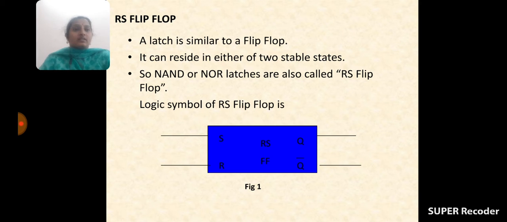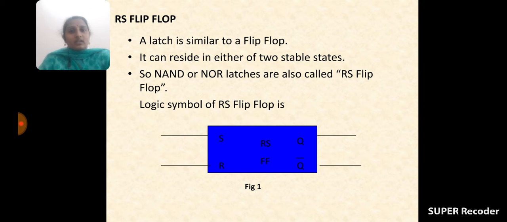In sequential logic circuits, the circuits are designed with flip-flops. In combinational logic circuits, the basic building blocks are logic gates. The sequential logic circuit also has gates inside, but the combinational circuit is basically designed with gates, whether it may be AND gate, OR gate, NOT gate, NAND, NOR, and also exclusive OR.